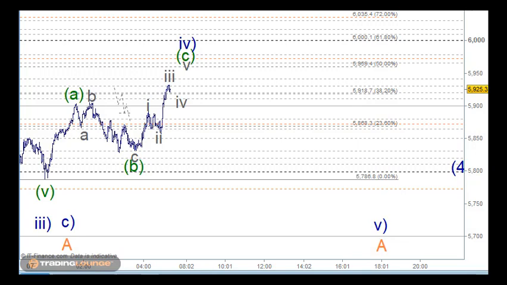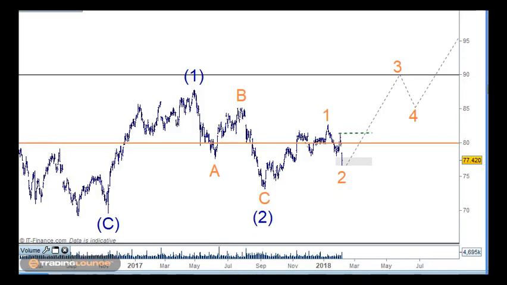Just give me a second to find CBA here for a moment. So the banking sector, yes, it's broken down a little bit, but it hasn't smashed its possible positive count yet. So there's a CBA on the daily chart, and from this low here, we've got 5 waves up here.